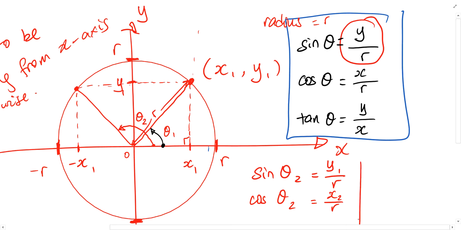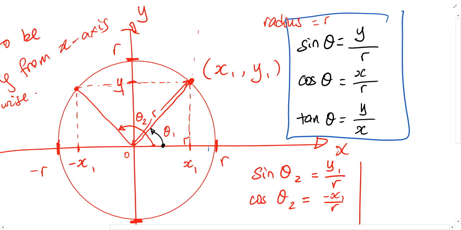Wait, is it x2 over r? Our cosine formula says that it should be the x coordinate divided by r. What is the x coordinate for theta 2? Negative x1. So this is negative x1 over r.